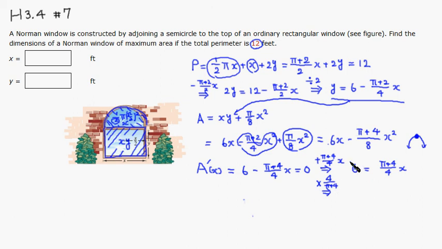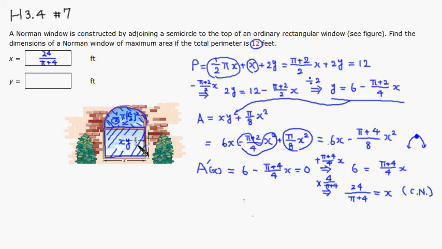Which will give us 4 times 6 is 24 over (pi plus 4). So that's x. This is the critical number, so we know that's going to be the maximum area. So x is equal to 24 over (pi plus 4).